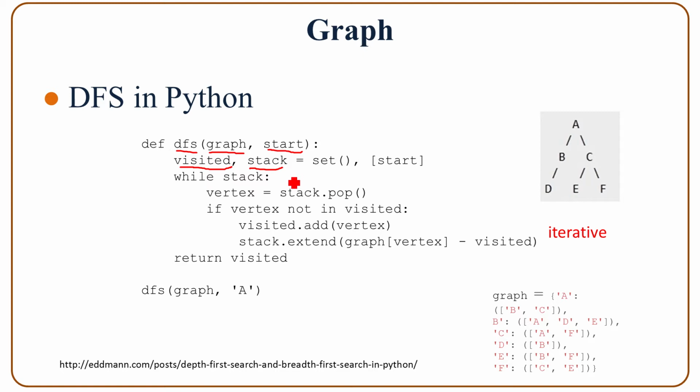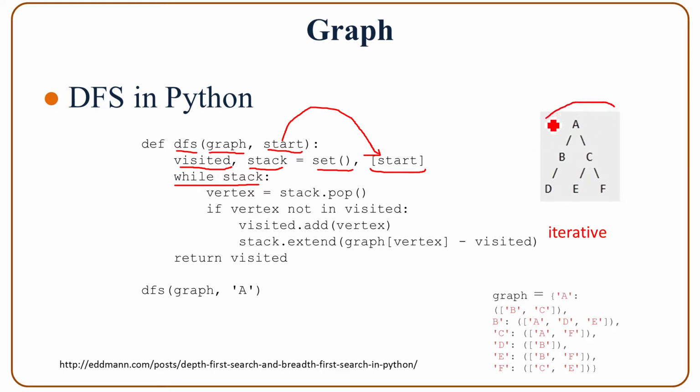Visited is initialized with an empty set, and stacked is initialized with a list that has one element, which is start. So start was passed to it and then put in the list. Then we have a while loop. While stacked is not empty, then do something.